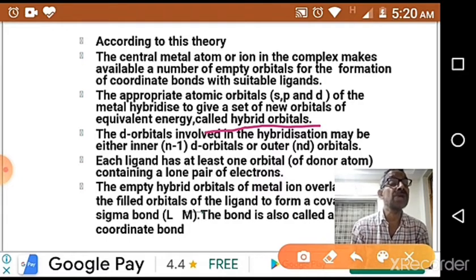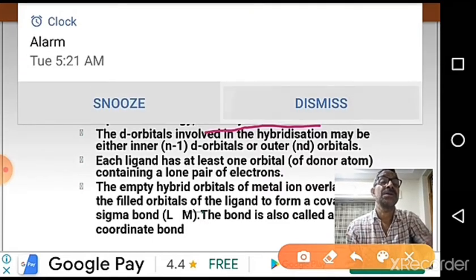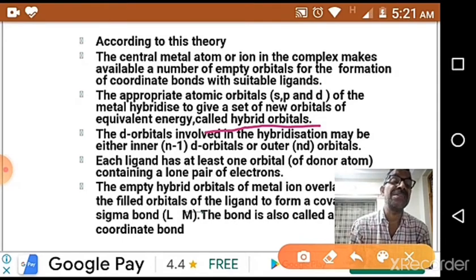These empty orbitals have different energies, so with these different energies, they don't form equivalent bonds. That's why it is explained through hybridization. So all available orbitals which are going to take part in coordination bonding intermix together, which process we call hybridization. So s, p and d orbitals undergo hybridization.